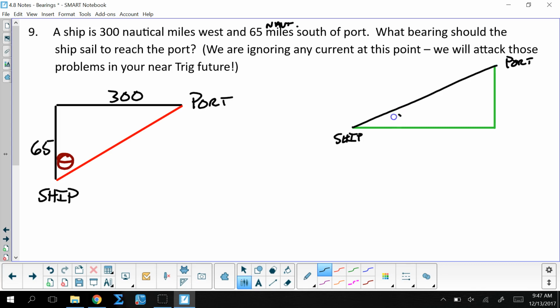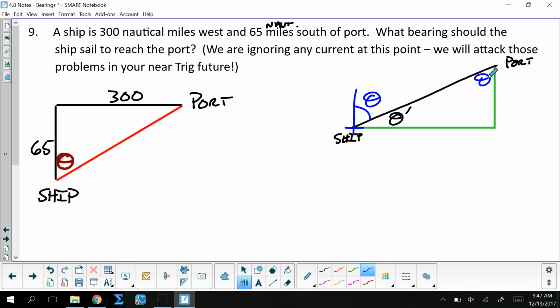So if I find this angle, that's going to be kind of like my reference angle, because the angle that I want is actually that angle there, which corresponds to that angle up there. So it's a thinking type of problem.